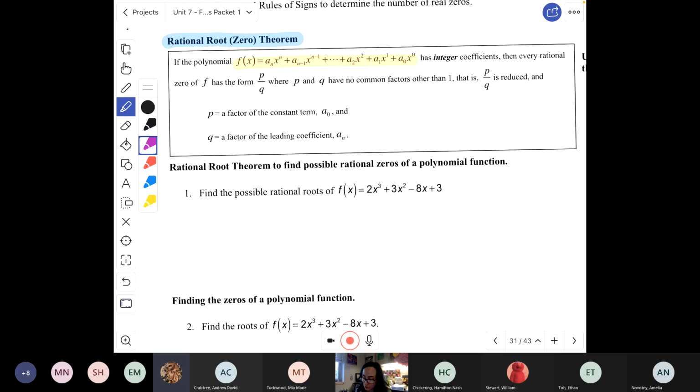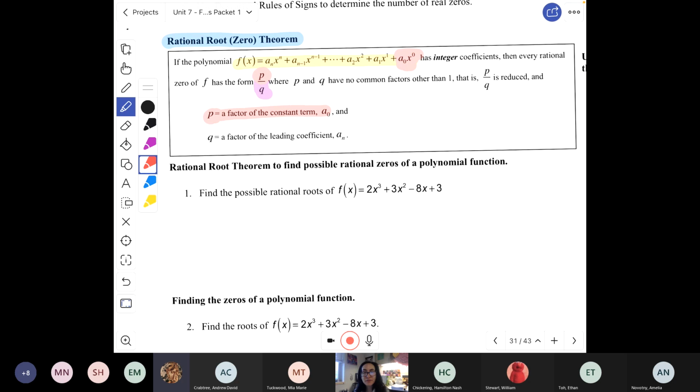An easy way to find the set of possible roots is to look at all of the P's over Q's. So what are P and what are Q? P are all the factors of the constant term.